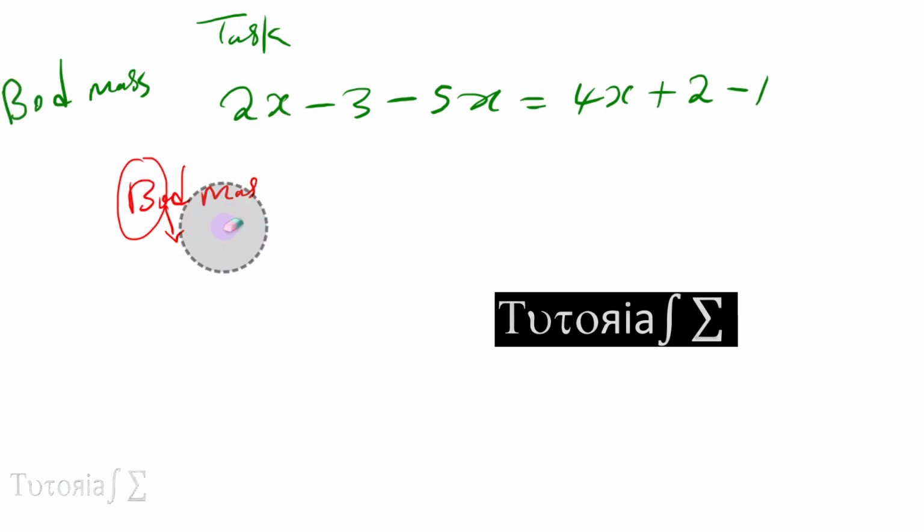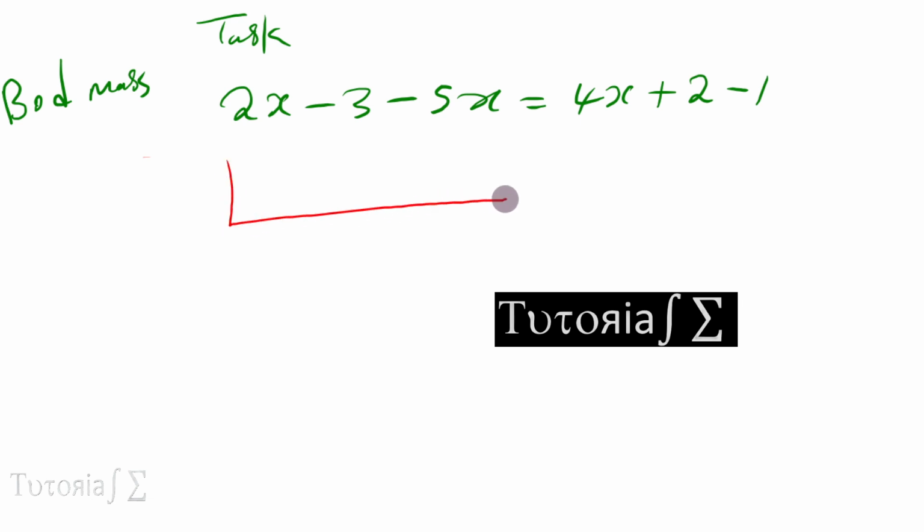So for orders, we have this first bucket up to here, then we have an equal to sign, then we have a second bucket there. Now on the first bucket, we have the x's. We want the x's to be on the first bucket alone.